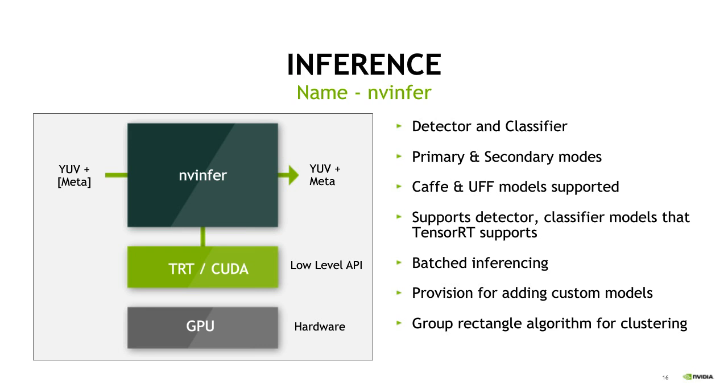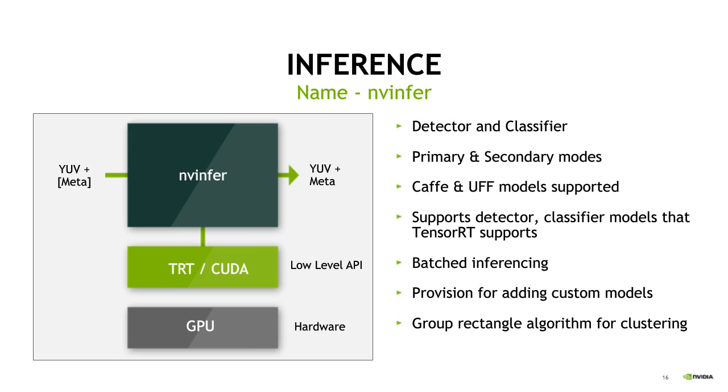The plugin can run in primary mode, where it's typically trying to detect objects, or in secondary mode, where it may be running a classifier model to identify attributes of a vehicle or person. Today, the supported frameworks include Caffe and UFF models, which is a universal framework format that provides a way to convert models trained in TensorFlow into other frameworks like Caffe2 to a single model format.